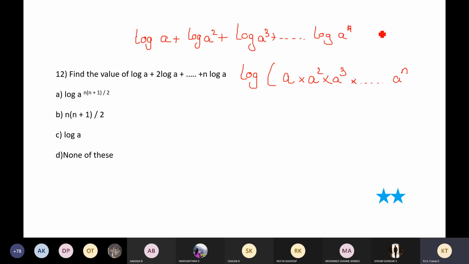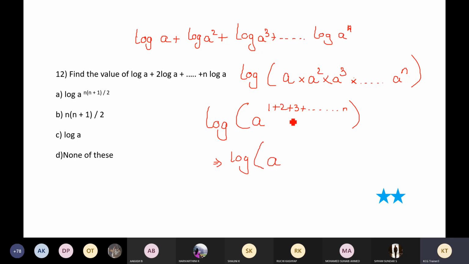Mathematically speaking, I can write this as log of A power 1 plus 2 plus 3 plus, it goes on till n. So how do I find this out? Log of A power sum of first n natural numbers. What is the formula, guys? N into n plus 1 by 2, which is there in my first option.